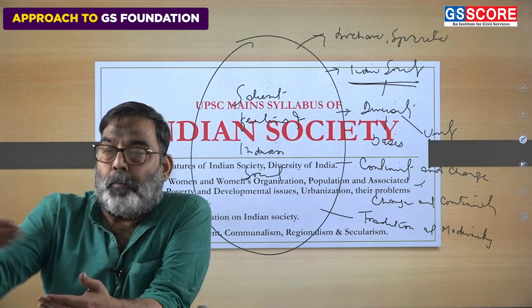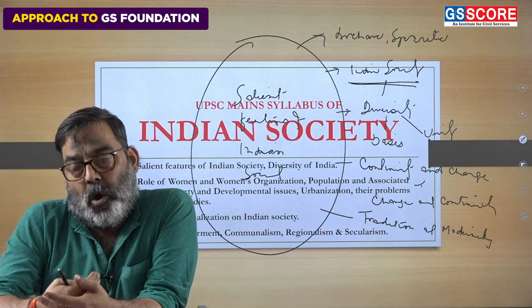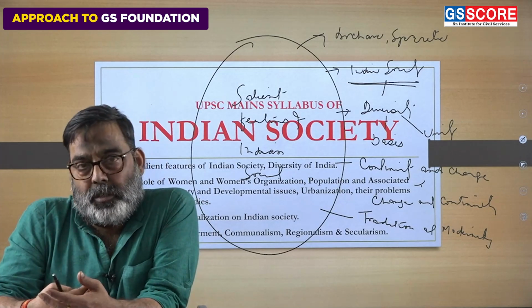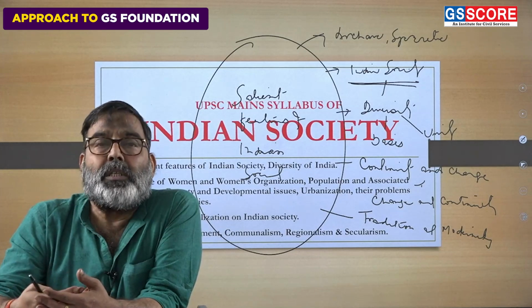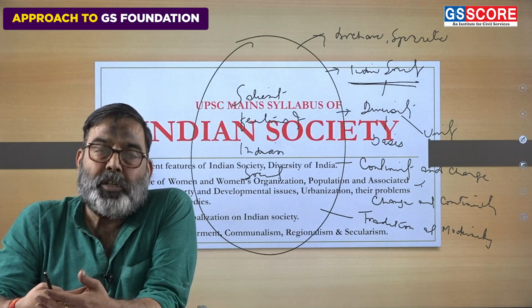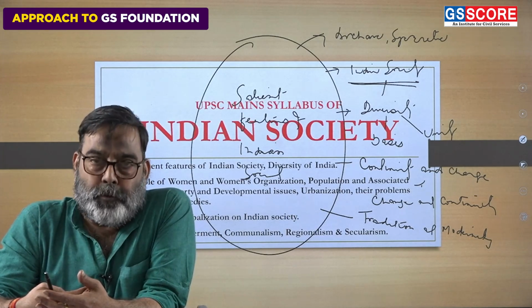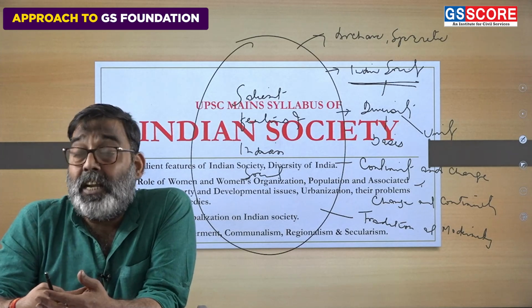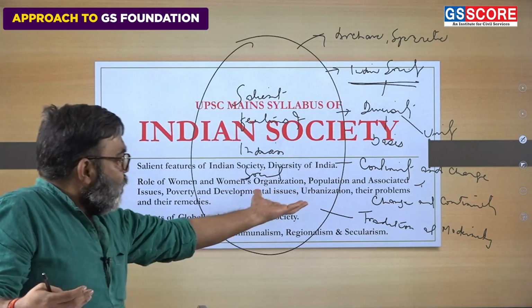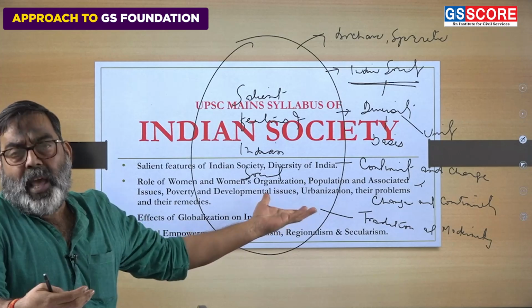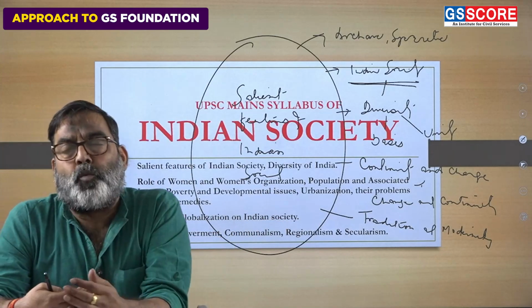Either tradition will oppose modernity, or modernity will replace tradition. But for this, these two, tradition and modernity, will have to be pervasive enough to replace one. In the Indian context, neither of these two concepts has been pervasive enough to replace the other.